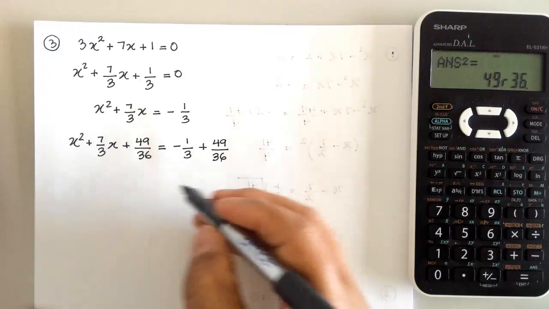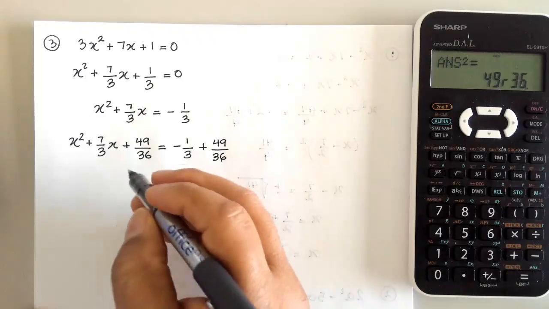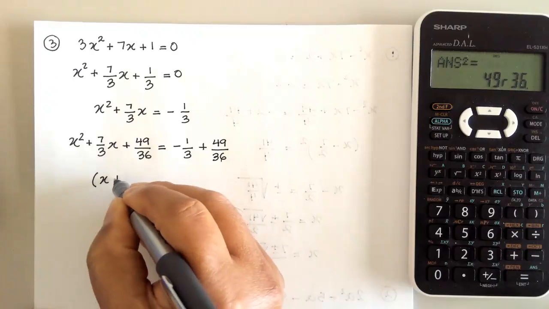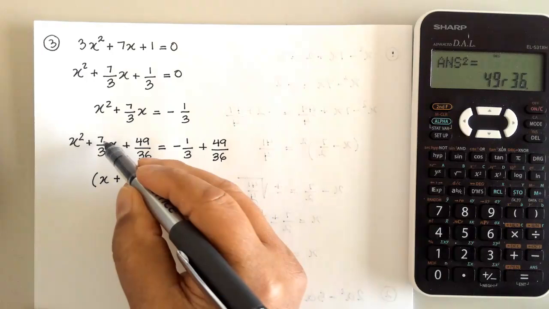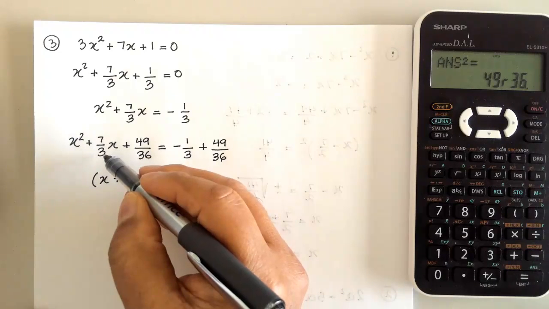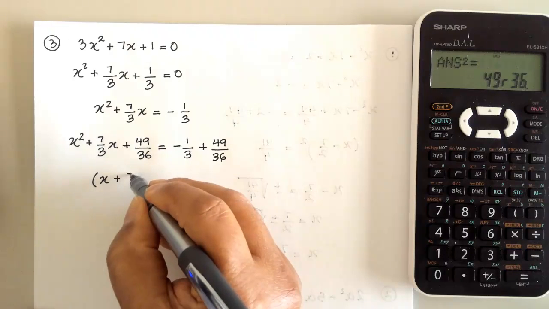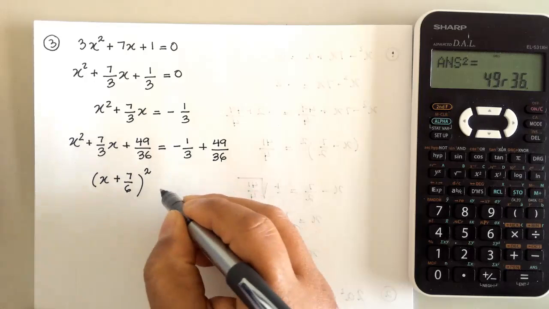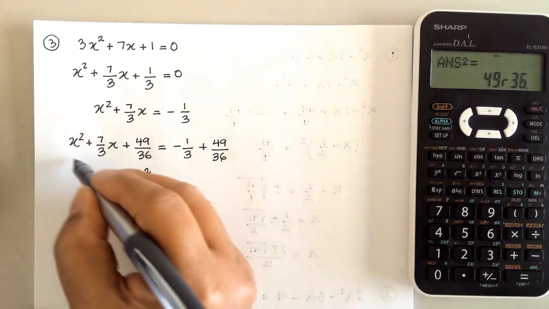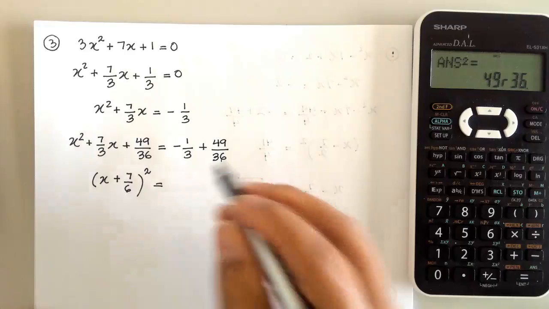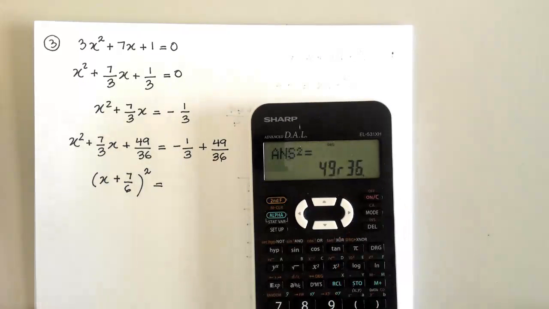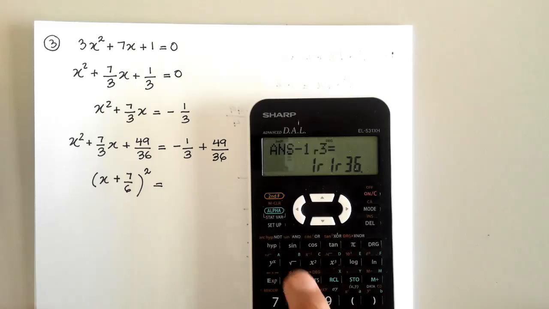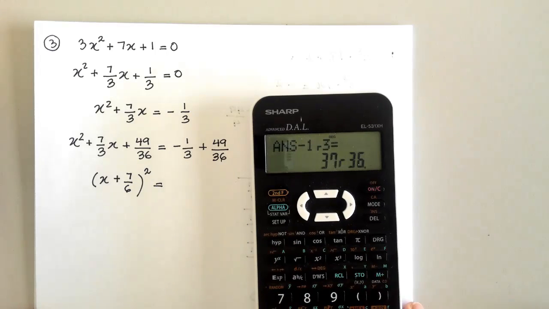Okay, and then this is a perfect square, so then we can do this as x plus 7 over 3 divided by 2, which is 7 over 6, and then square. Okay, so that is what that thing is equal to. And then on the other side, we're going to have 49 over 36 minus 1/3. Okay, and that will give you 37 over 36.